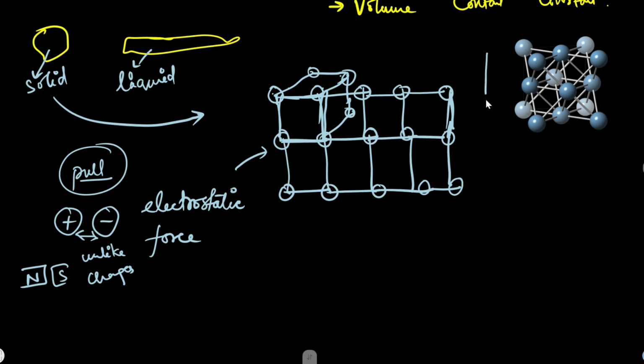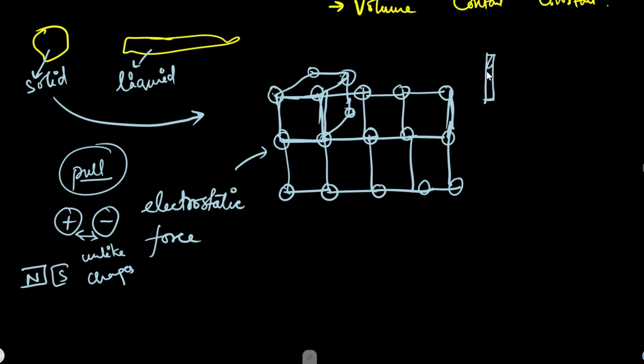The only thing they can do is vibrate a bit, from the initial to the final position. They will not move from place to place. They always remain in one static position and only vibrate at a certain position.